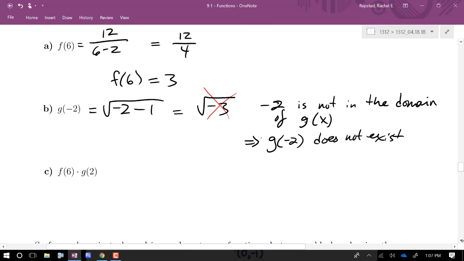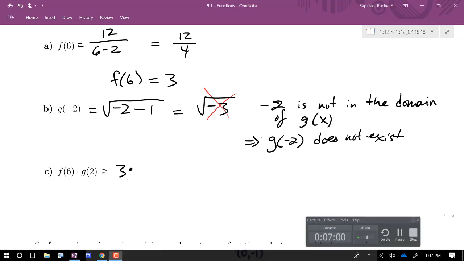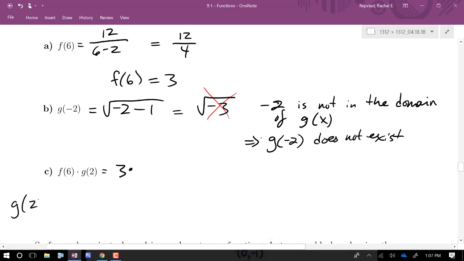F of 6 times g of 2. Well, we already found f of 6. We did that in part A. So this is going to be 3 times, and we need to find g of 2. So g of positive 2 is the square root of 2 minus 1, or the square root of 1, which is 1.